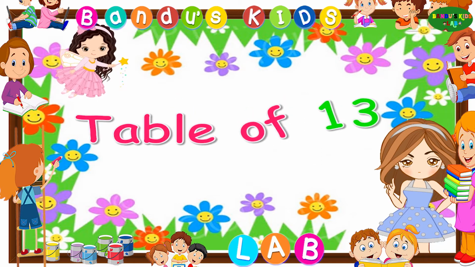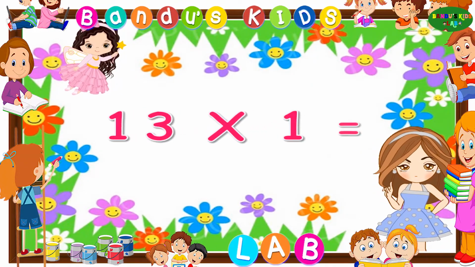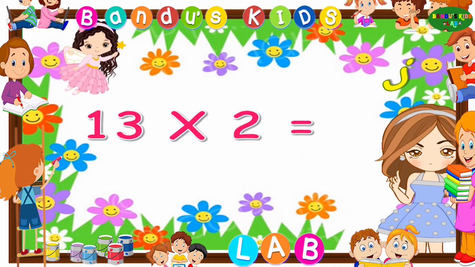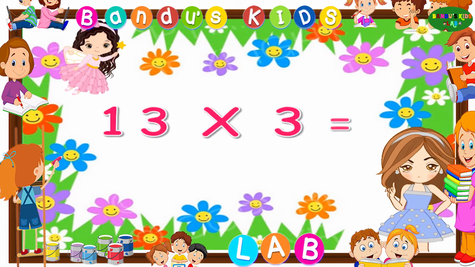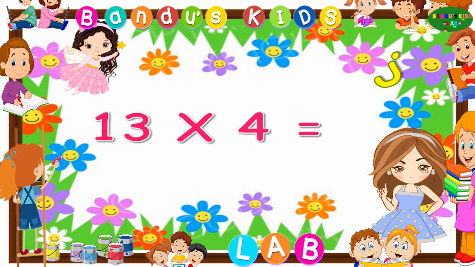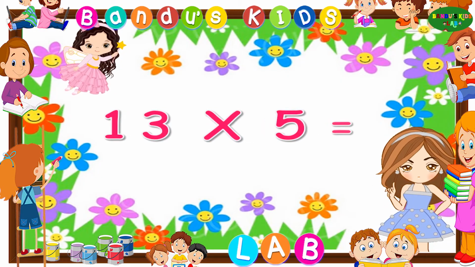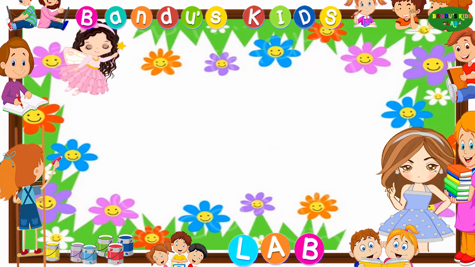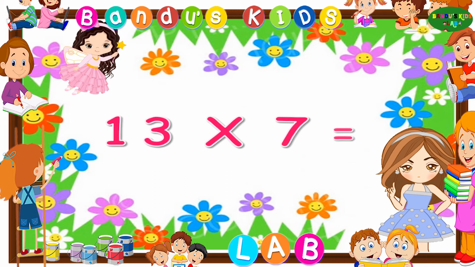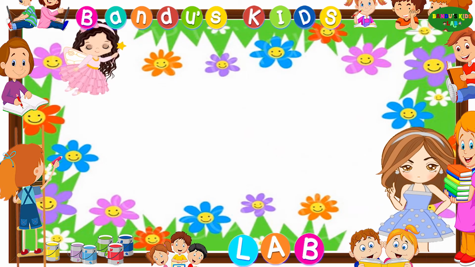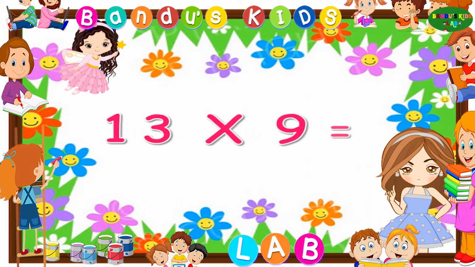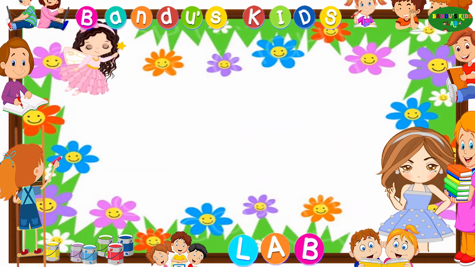Table of 13. 13 ones are, 13 twos are, 13 threes are, 13 fours are, 13 fives are, 13 sixes are, 13 sevens are, 13 eights are, 13 nines are, 13 tens are.